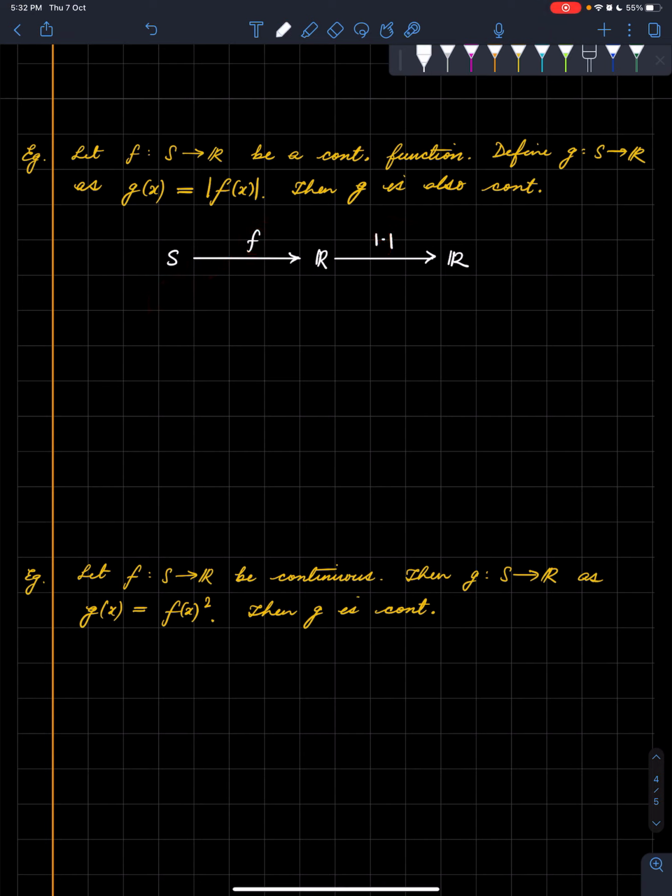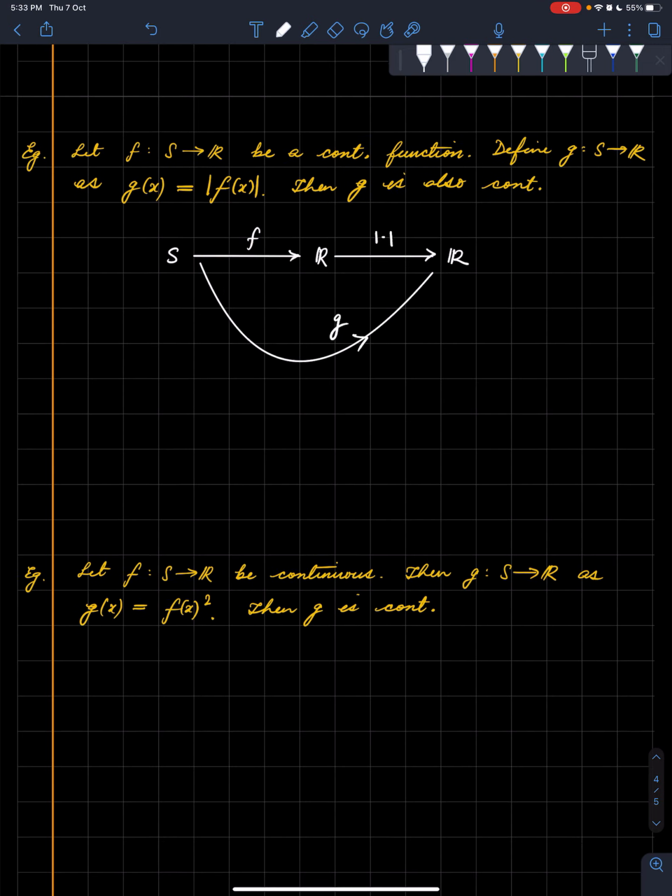And this composite is precisely g. Right, so that's the proof.